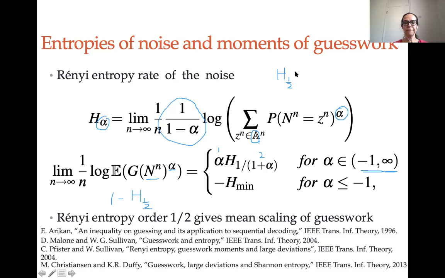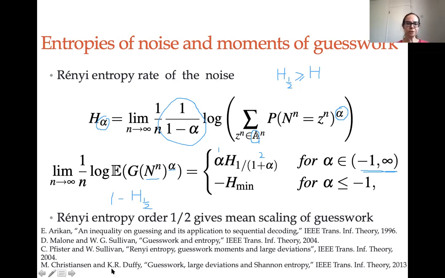H of 1 half is generally greater than or equal to H, which again we could think of as H of 1, but we cannot write it as 1, because remember this would not actually be 1. H, the Shannon entropy, is this limit of H of alpha when alpha is going to 1. I encourage you to look at the works that are referenced here if you want to find out more about it.